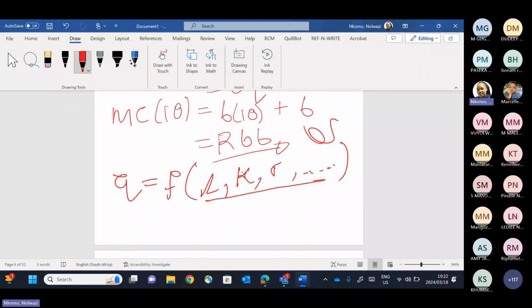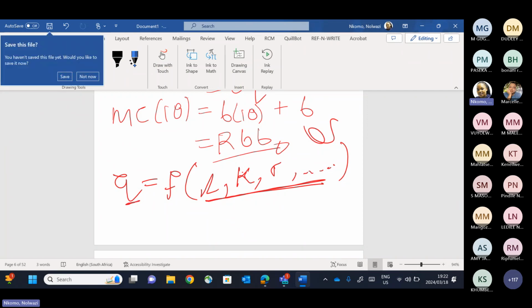This represents the inputs, and this represents the outputs. So we are transforming this to get the outputs.